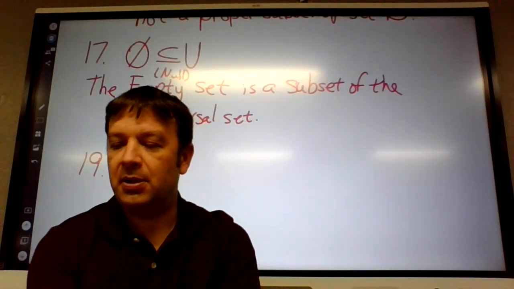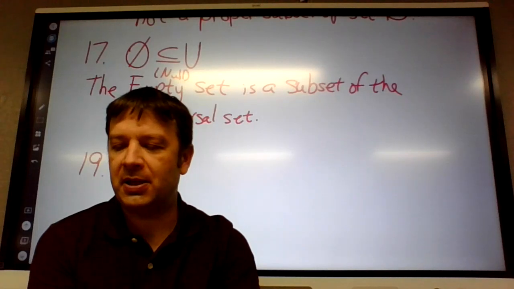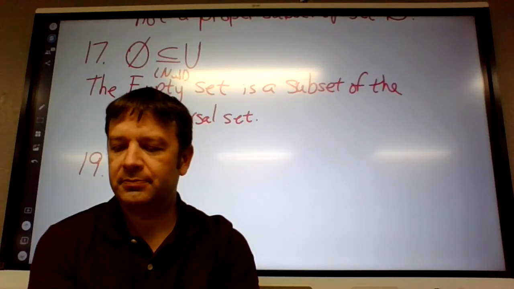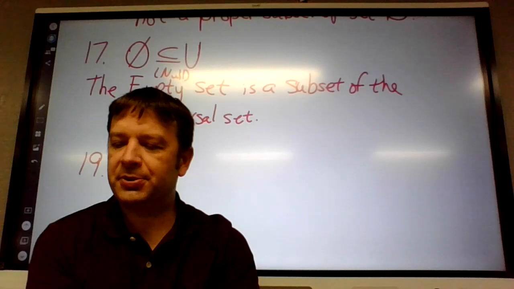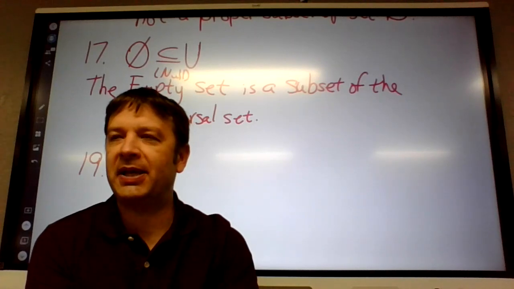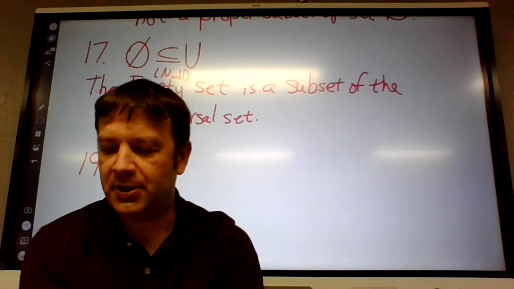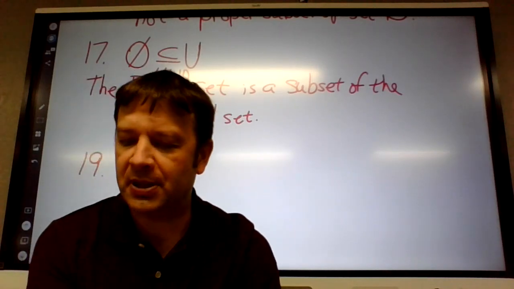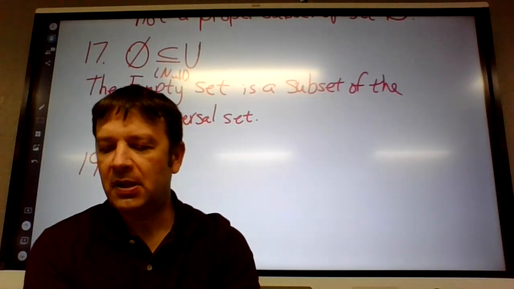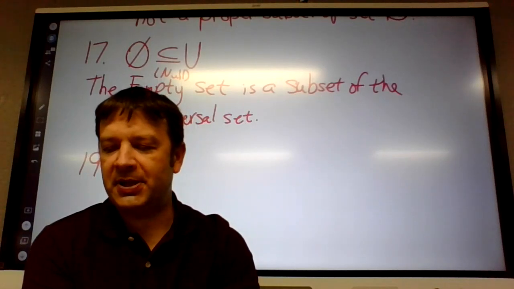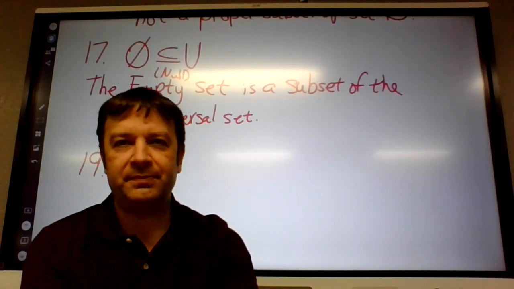B, is the empty set a proper subset of ABC? That is also true. A proper subset just means they can't be equal. Which they're not, so that's also true. It's almost the same as A. C, is the null set a subset of the empty set?